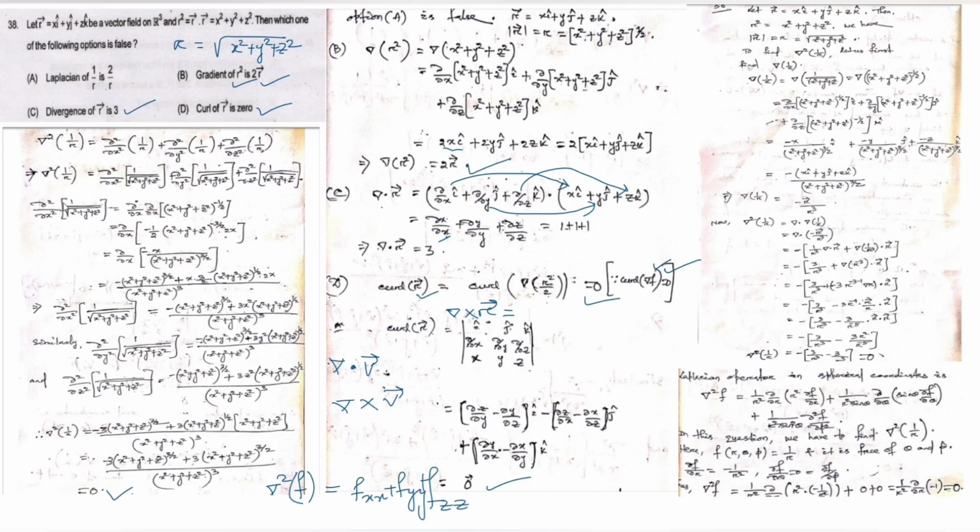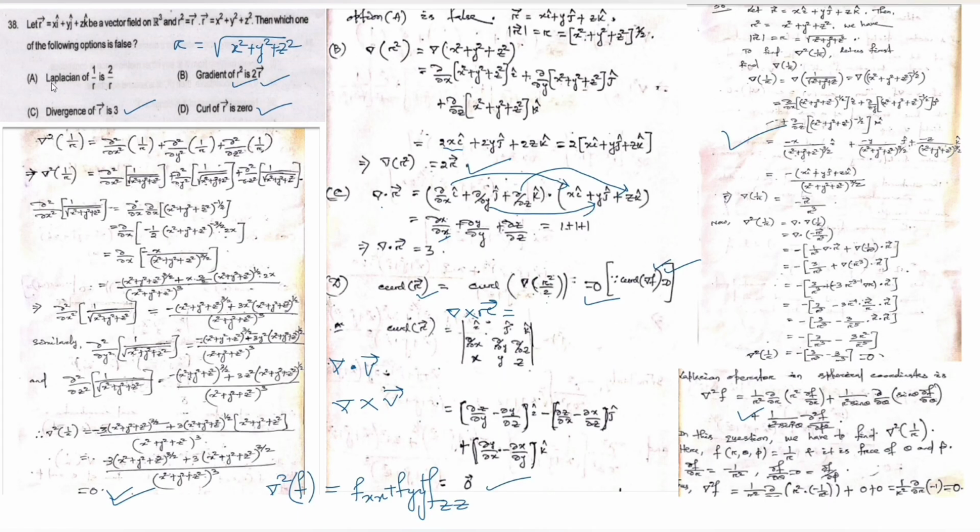To calculate the Laplacian of 1 by r, we have to calculate the second order partial derivatives with respect to x, y and z. After calculating, if you add these three terms, you will get 0. Alternatively, you can use Laplacian operator in spherical coordinates to show that Laplacian of 1 by r is 0.